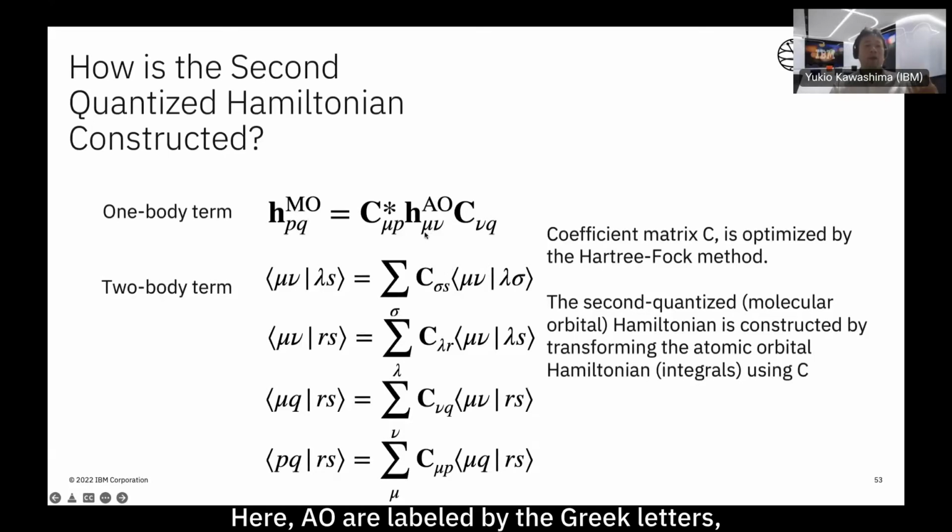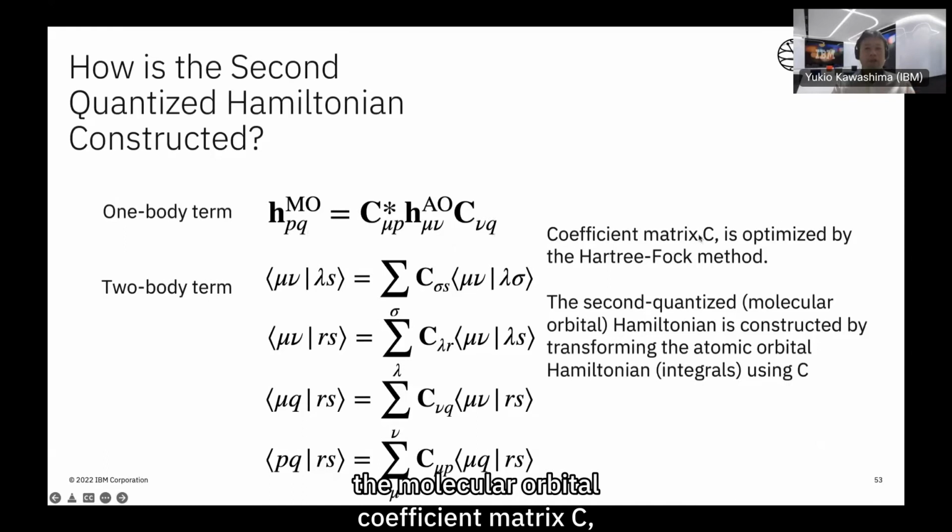Here, AOs are labeled by Greek letters, and MOs, molecular orbitals, are labeled with PQRS. How do we do it? We do a matrix-matrix multiplication using the molecular orbital coefficient matrix C, which is optimized by the Hartree-Fock method.